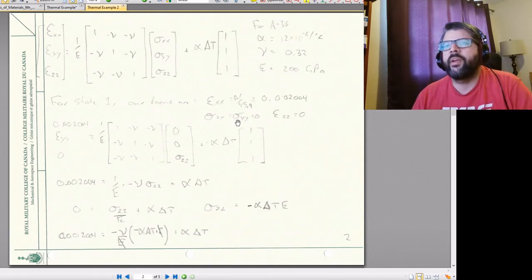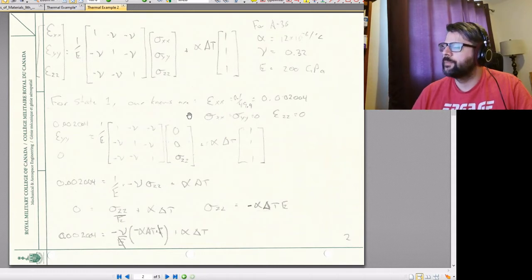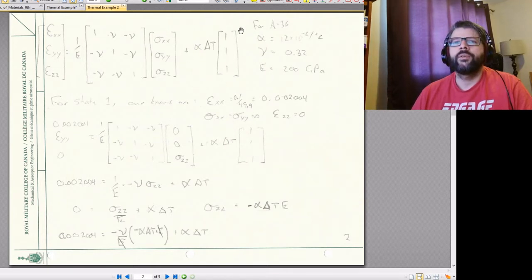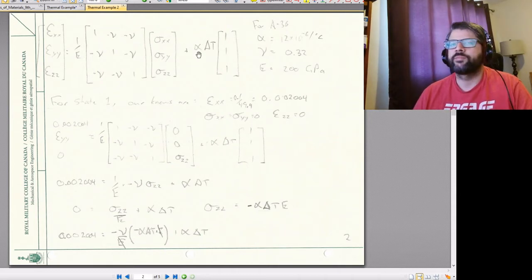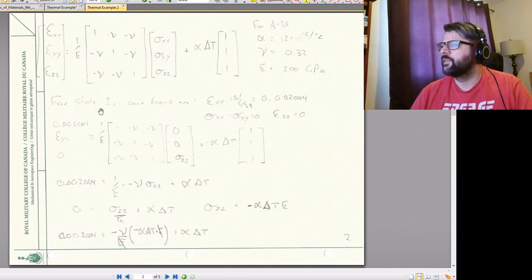So don't worry about it. But anyway, we got our nice matrix form of the generalized Hooke's law, and then we're adding this term here for the strain caused by the thermal expansion. So we can just plug stuff in there. We know our known values, we know what this is, we know that this is 0.